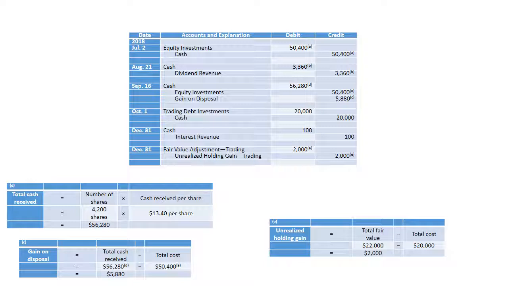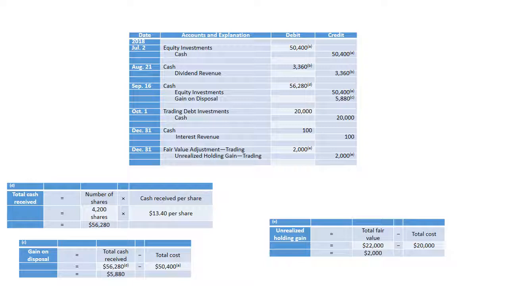Remember, gain on disposal would be reported on your income statement in the other revenue and expense area. So if you're not remembering that quite right, take a look back in Chapter 5. Take a look at the income statement. So that shows you purchasing, what happens when they receive a dividend, and ultimately what happens when they sell that stock.